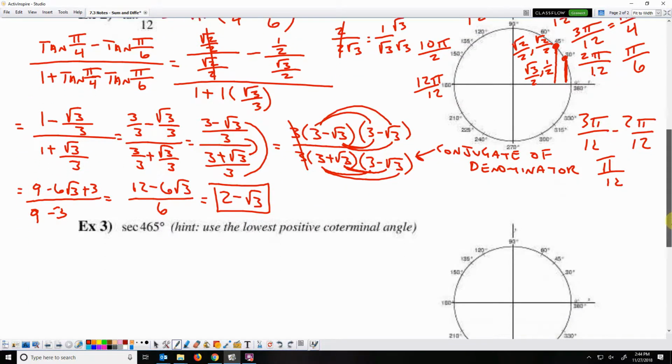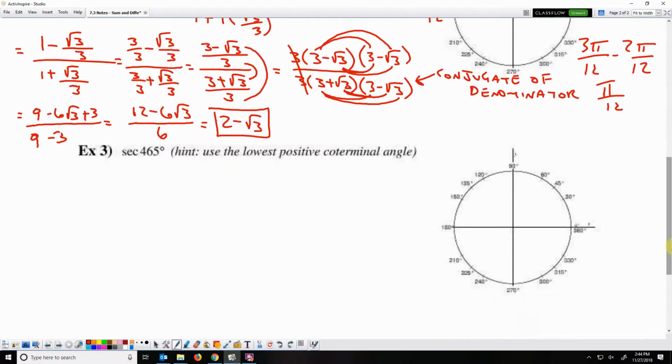Our last one is secant at 465 degrees. It would be easiest to use the lowest positive coterminal angle, so 465 minus 360, and that is 105.